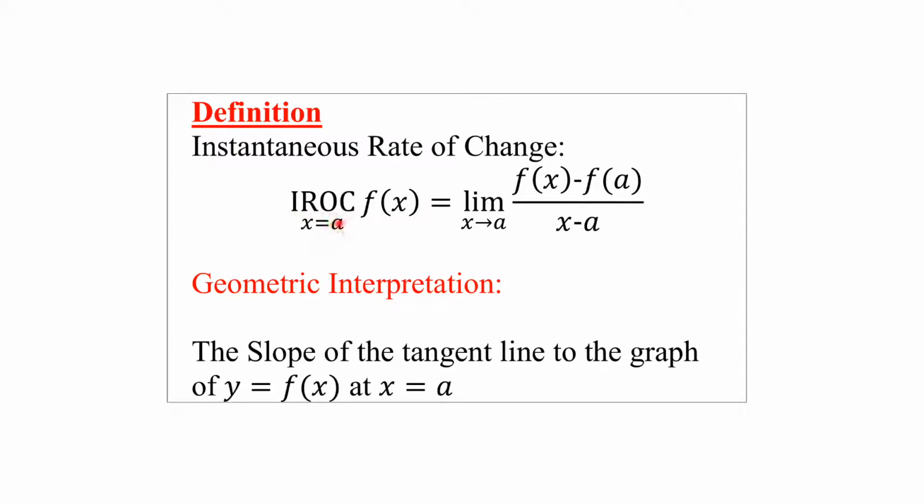By definition, limit of f of x minus f of a over x minus a as x approaches a is called the instantaneous rate of change of f of x at x equals a, and it's denoted by IROC of f of x when x is a.